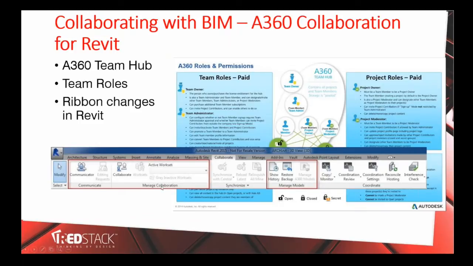And you now have a Manage Collaboration tab. And then a new Communicate panel is now visible and can contain editing requests, so you can now communicate. There is also a Manage Models button, which can show history and how you manage your A360 models.